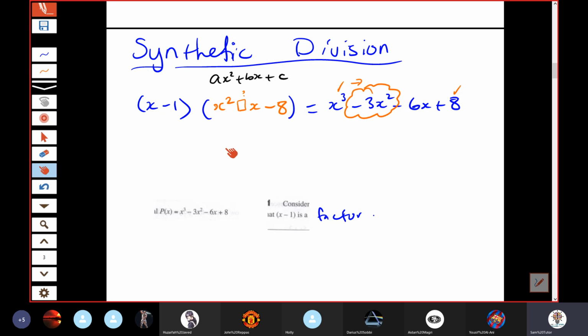Can somebody tell me the very first x squared that they will see when they expand this? You've got to almost do it mentally without technically expanding.